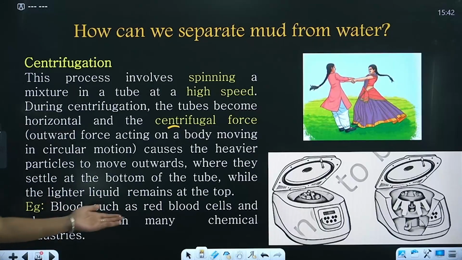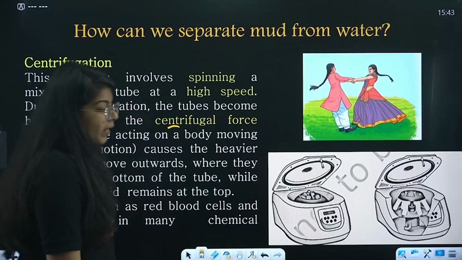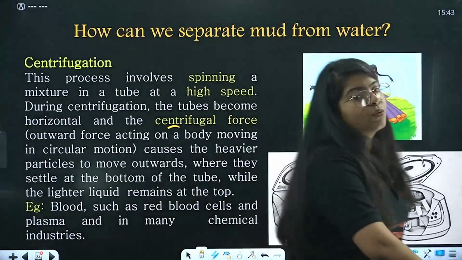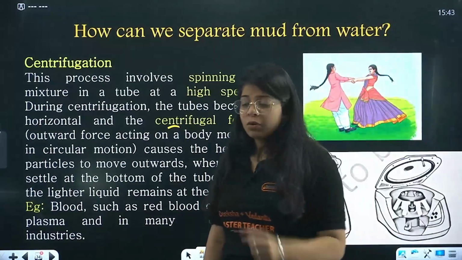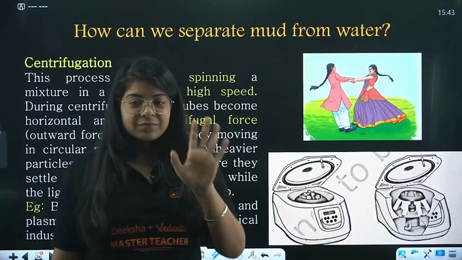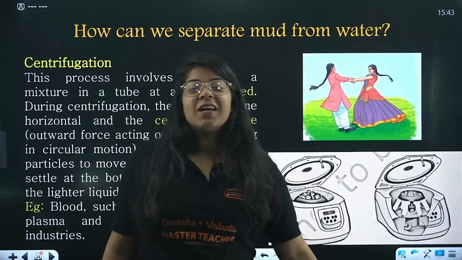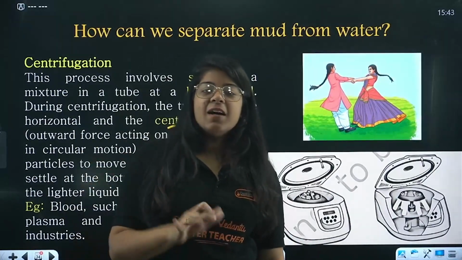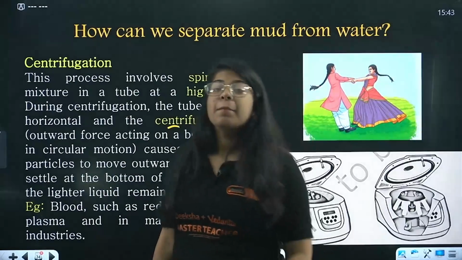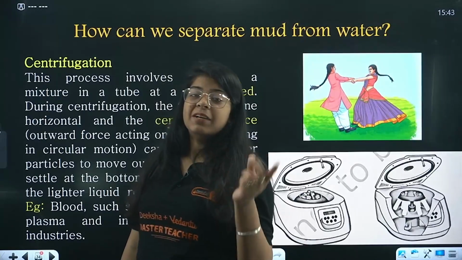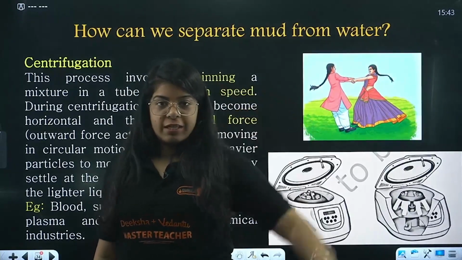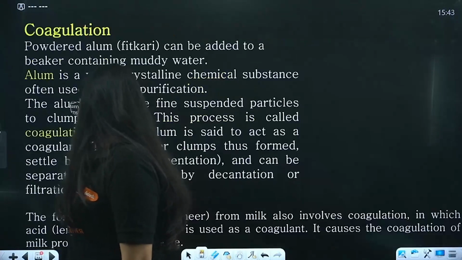Understood? It is used for blood, such as RBCs and plasma, and in many chemical industries. Okay, that is what centrifugation is, to separate out the heavier elements in a mixture by rotating them at a very high speed horizontally. Then next, bacha, we have coagulation.